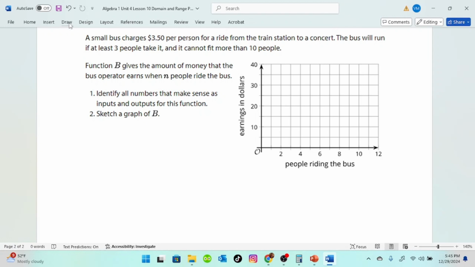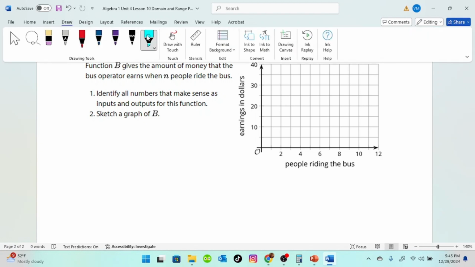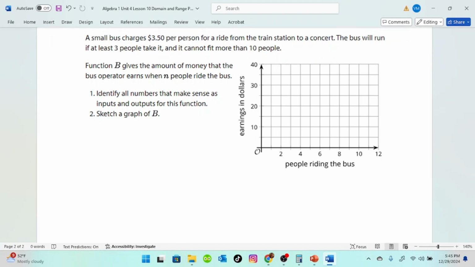So first, we need to notice that the bus will run if at least 3 people take it and cannot fit more than 10 people. That's going to be our input.